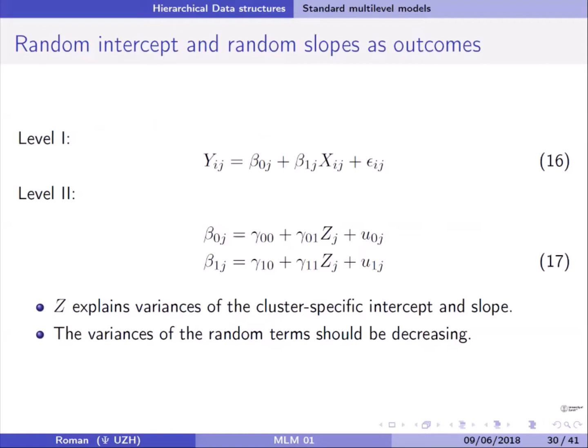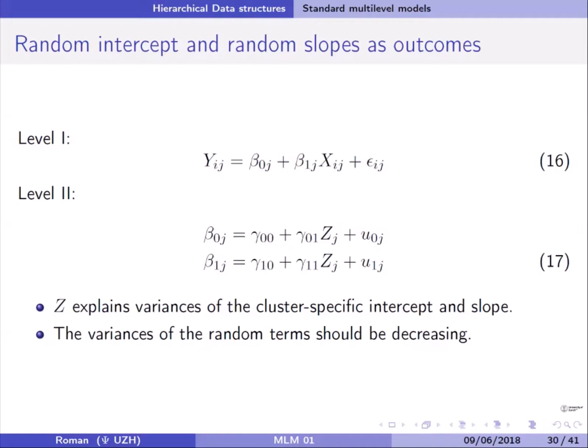So effectively, if we estimate it without any level 2 variables, we'll just know if there's a high random effect that either the intercept or the slope is varying as a function of the clustering, but that doesn't mean we understand why. That's where level 2 variables come into play to help us explain that variance.